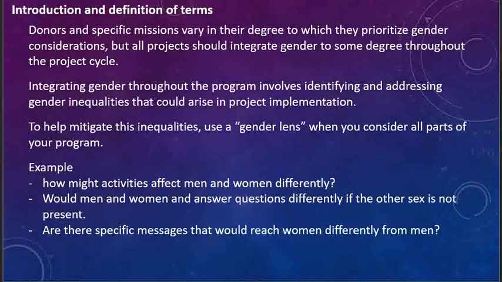Integrating gender throughout the program involves identifying and addressing gender issues, like gender inequalities that could arise in the project implementation. So when you are working with gender in your project, you try to identify the cultures, the political leadership, and everything involving gender, and try to address the inequalities that might arise while you are implementing your project.